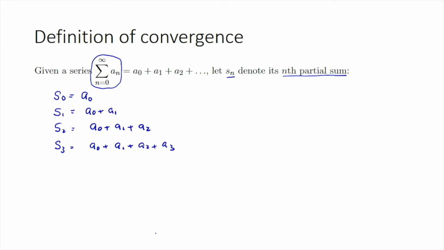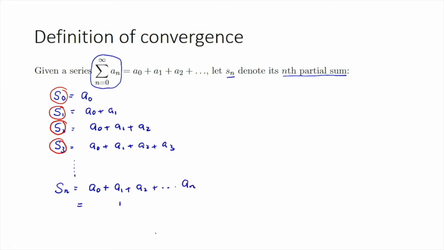Now, if you recall the previous examples, we observed the values of S0, S1, S2, S3, and the idea is to see what is happening to Sn, which in this case is a0 plus a1 plus a2 plus dot dot dot plus an.